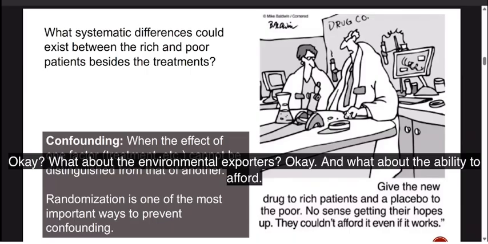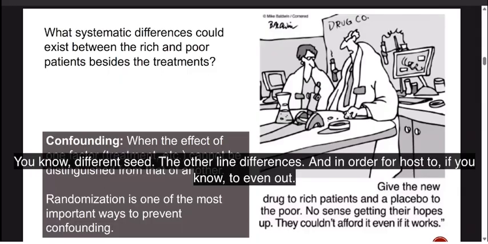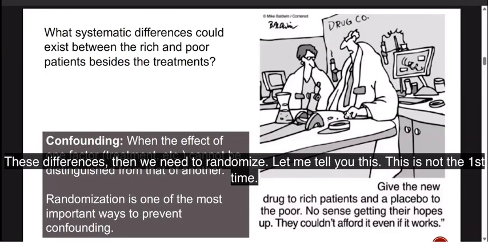And what about the ability to afford additional therapy? The rich will be able to afford additional therapy. So those are the underlying differences. And in order for us to even out these differences, we need to randomize.